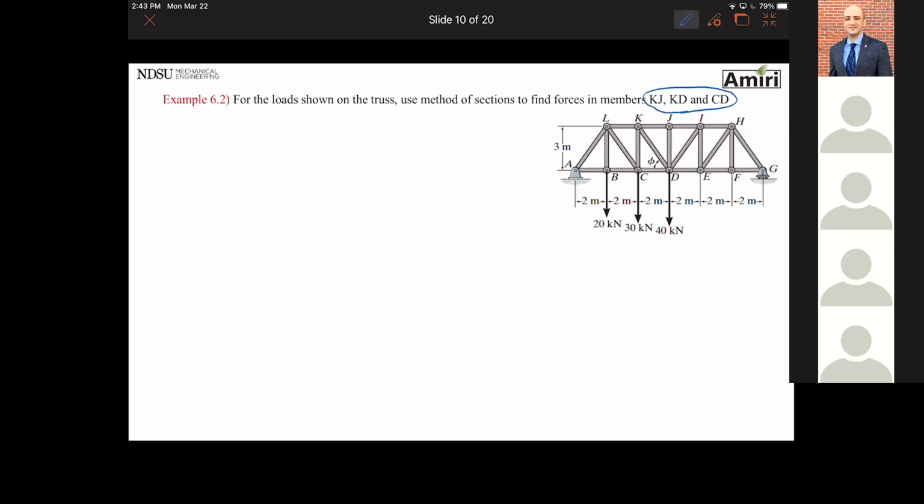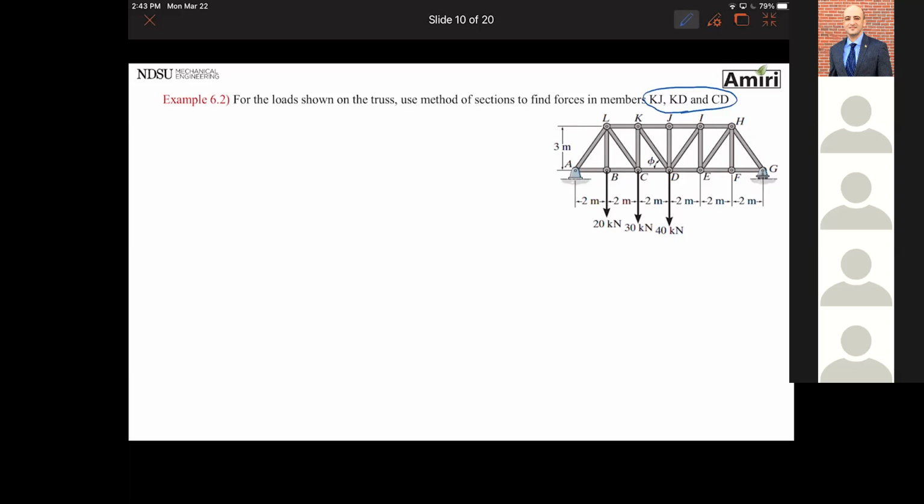If you want to use method of joints, you absolutely can, and there's nothing wrong with it. The problem is you have to start from one of the joints and work your way through. You have to draw a free body diagram of every single joint to get to, for example, KJ or KD or CD. So there's a lot of extra work that is not needed. In this case, that's when we are going to use method of sections.